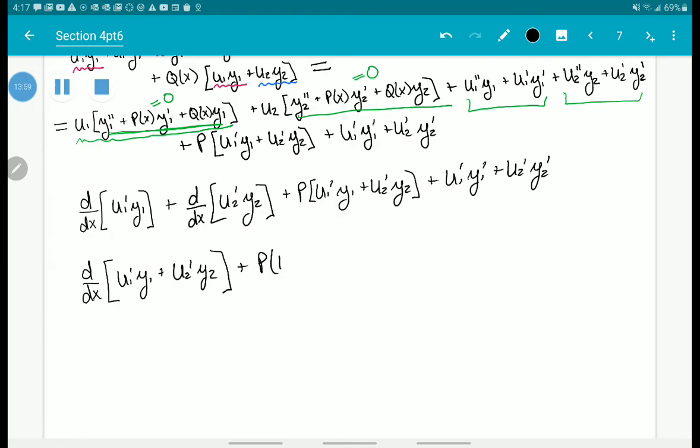Plus p of u1 prime y1 plus u2 prime y2. I'm going to use a bracket there instead of parentheses. Plus u1 prime y1 prime plus u2 prime y2 prime. So that's equivalent to what we did above.